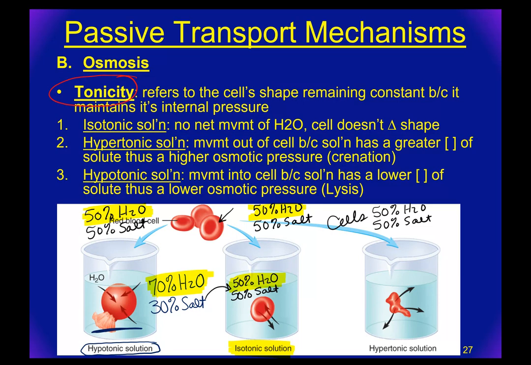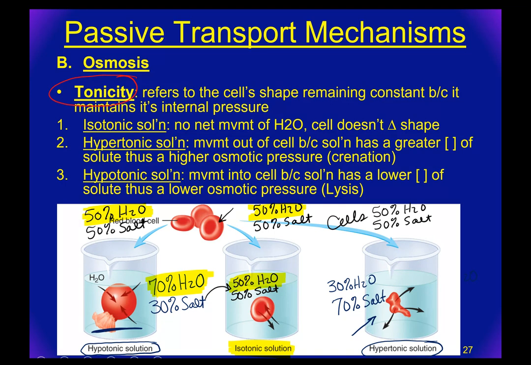Now, let's go the opposite direction of that, okay? Let's go to a hypertonic solution. So, in a hypertonic solution, you would have something like 30% water and 70% salt in the beaker.